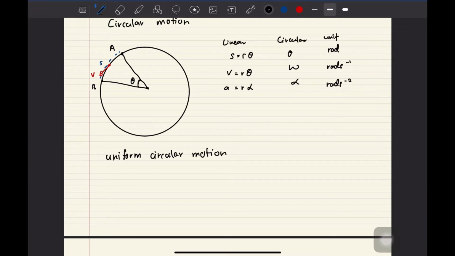If you go through your lecture notes, circular motion is motion in a circular path, and uniform means the motion of the body traveling in a circular path at a constant speed.